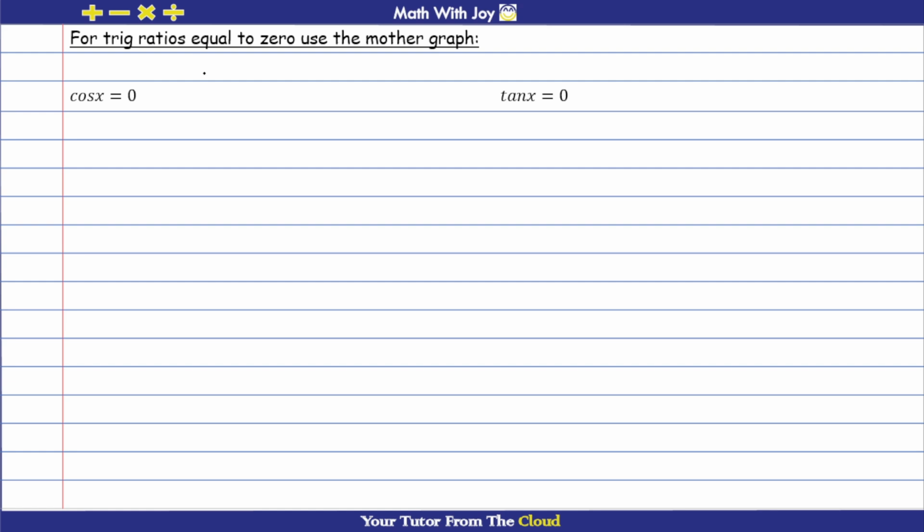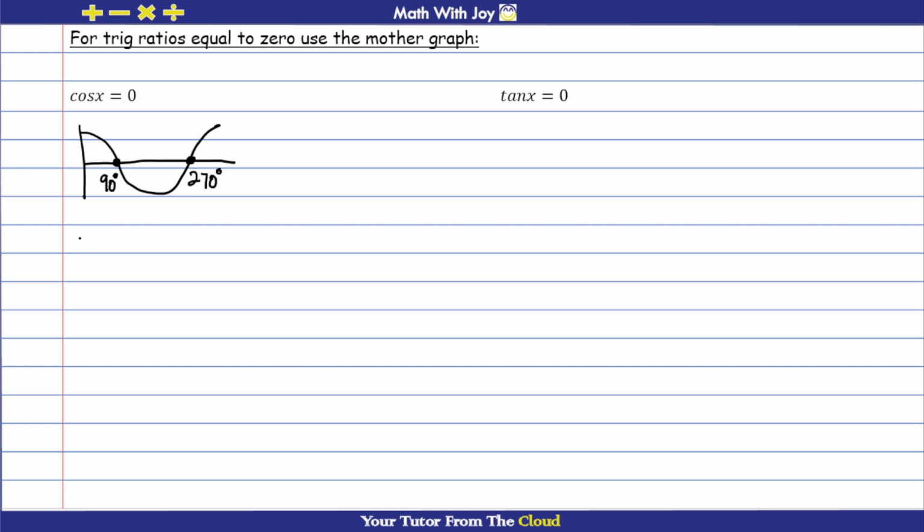Now for trig ratios equal to 0, we need to use the mother graph. Let me just show you how your general solutions will be for cos x and tan x. For cos x, the graph is going to look something like this, whereby we know that it's 0 at 90 degrees and it's 0 at 270 degrees.